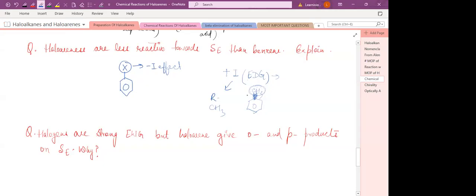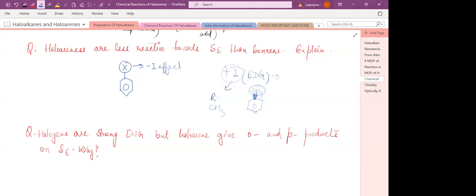So what happens due to this plus I effect? The electron density increases on the adjacent atom. Which type of group exhibits the plus I effect? The alkyl group and the negatively charged groups.